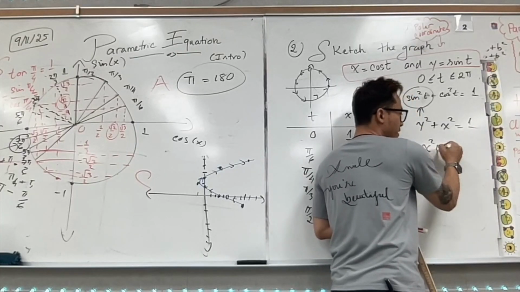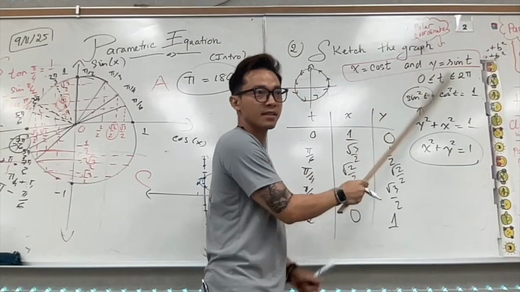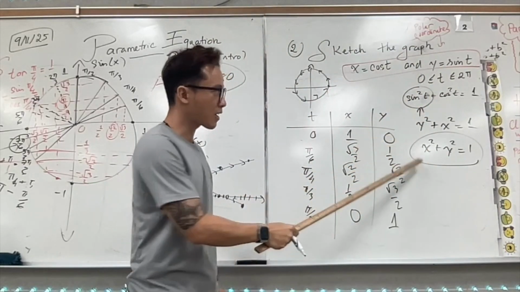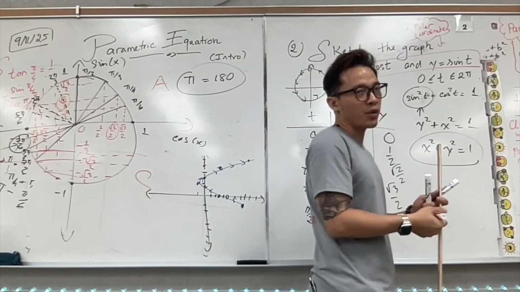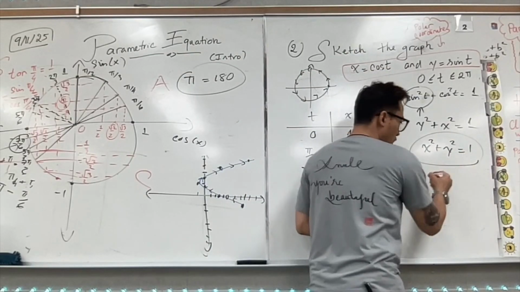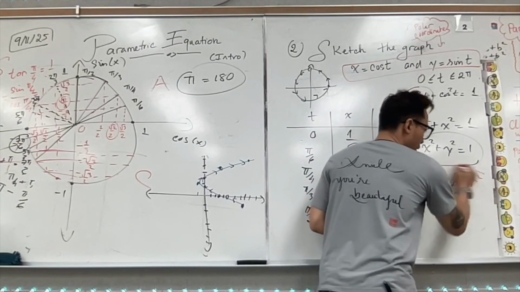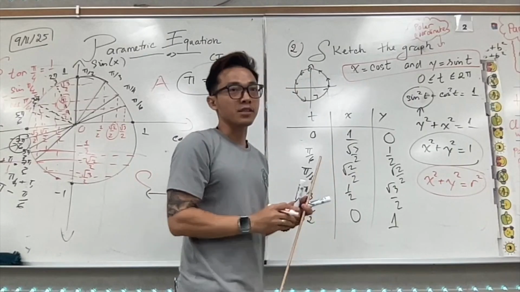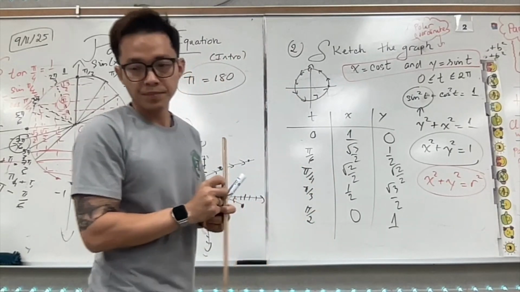Do you remember this is the circle function? That's not from this, see, you don't connect the dots. That's the circle, and this is the unit circle. That's why it equals 1. But the general function is x squared plus y squared equals r squared. That's the circle, the real circle, not 1.